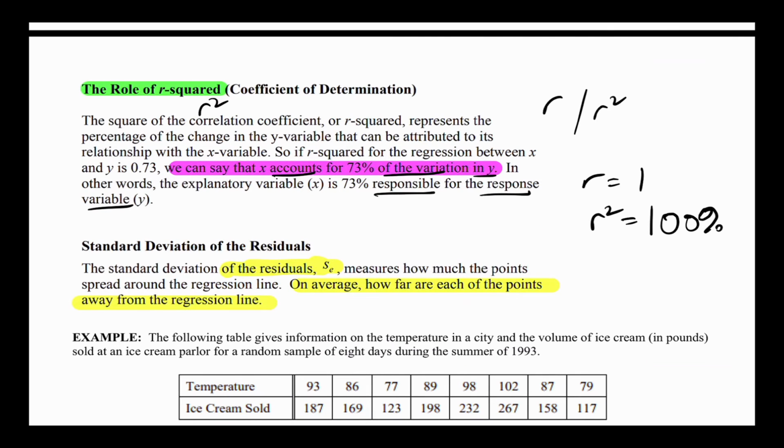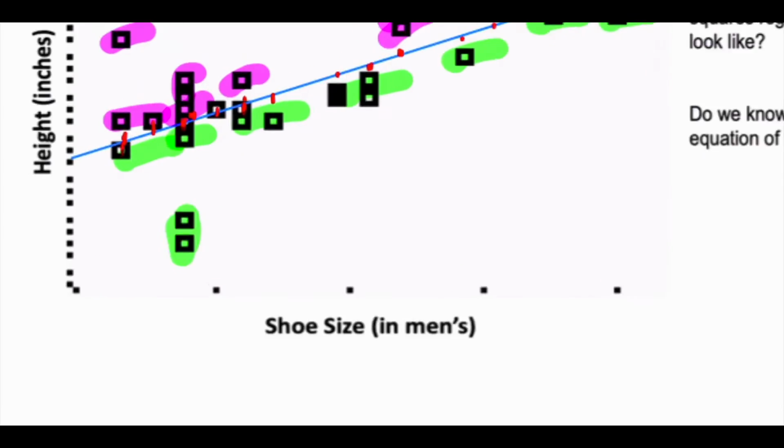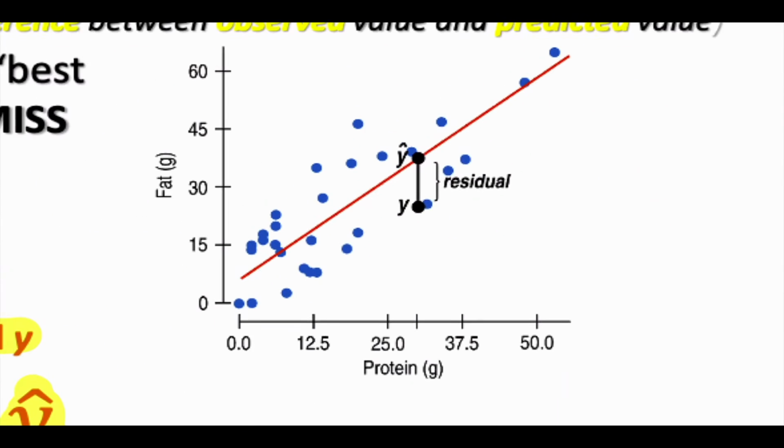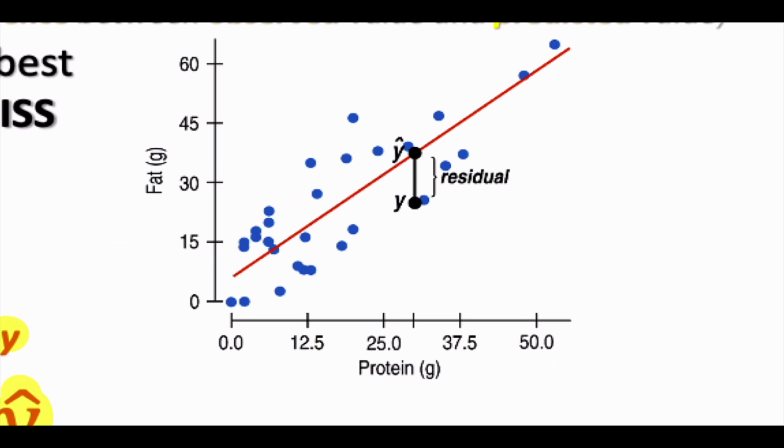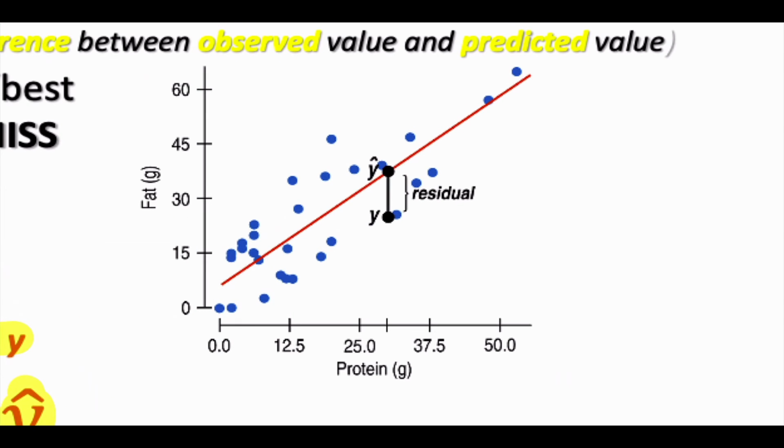If I was to add up all of the distances from the blue, how far the blue is from the red, add them all up and divide by however many dots there are, that's the standard deviation. The average distance away from the regression line. So on average, each of those blue dots is blank away from the regression line.